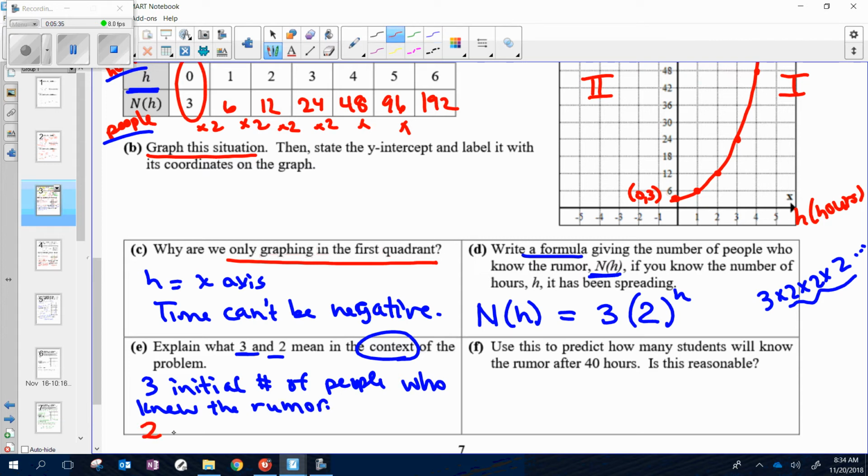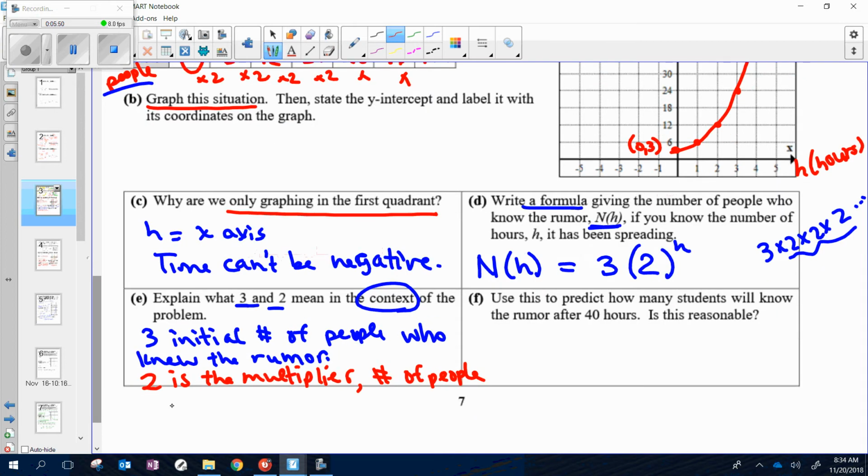And then 2 is the multiplier, but that's not contextual. Every exponential function has a multiplier. This one is the number of people who know the rumor is doubling. So you're doubling the number of people.